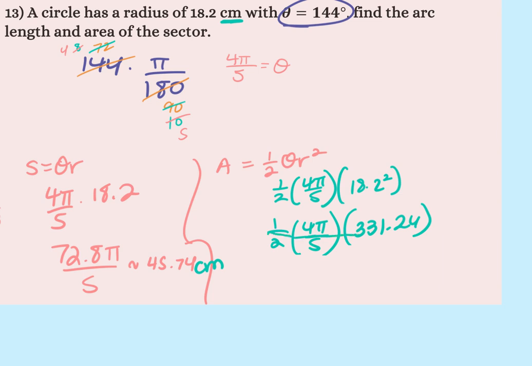I could go straight across all my numerators and then divide by 10. You could do this a lot of different ways. You just got to make sure whatever you're doing makes the most sense. I would probably do 0.5 times 4 pi divided by 5 times 331.24. 416.25 centimeters squared.